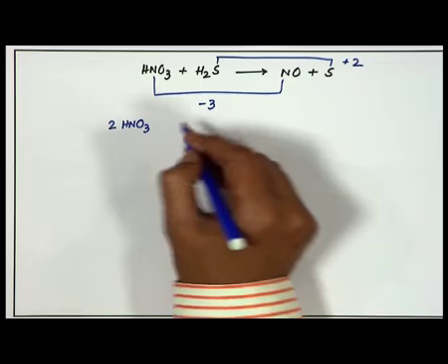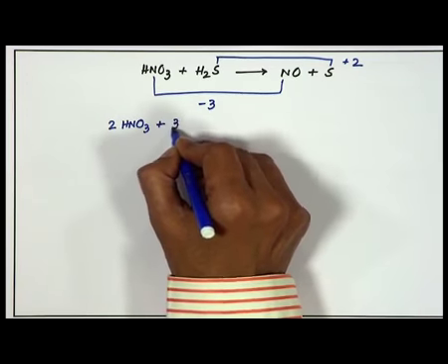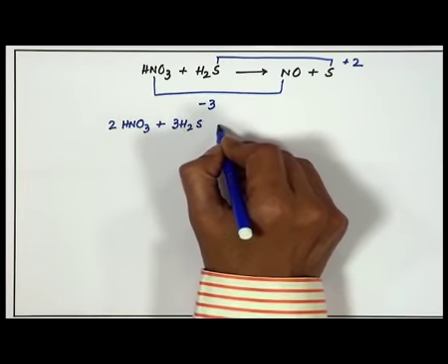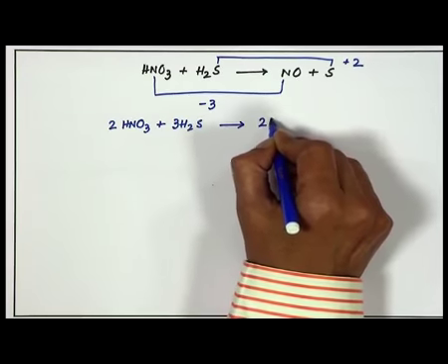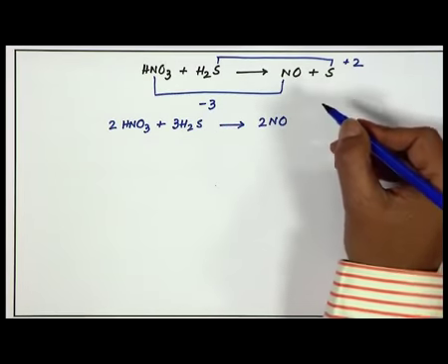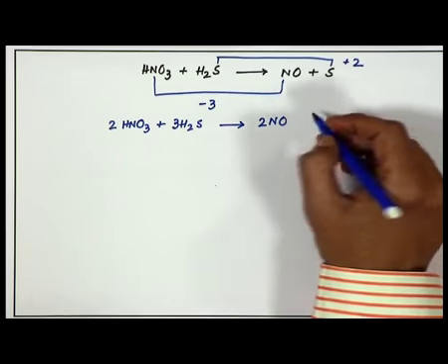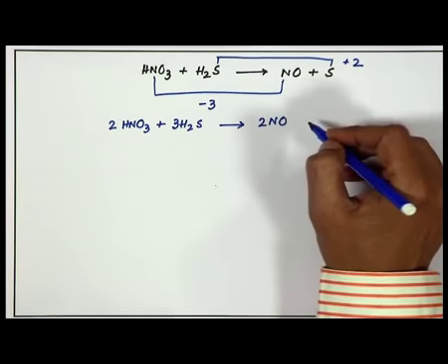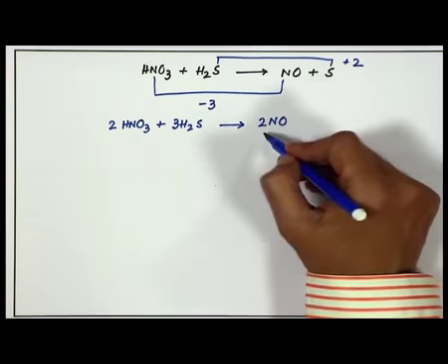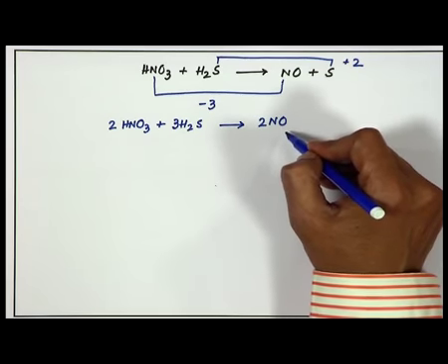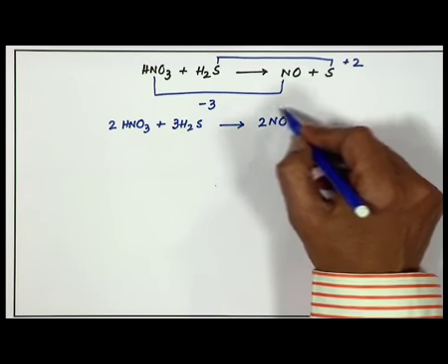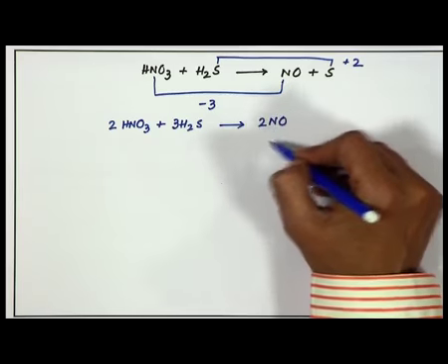Twice HNO3 plus thrice H2S will give rise to the liberation of nitric oxide, which is a very interesting molecule. We should also study it when we study nitrogen chemistry in the group, the oxides of nitrogen, or when we study oxygen in the group, the oxides.